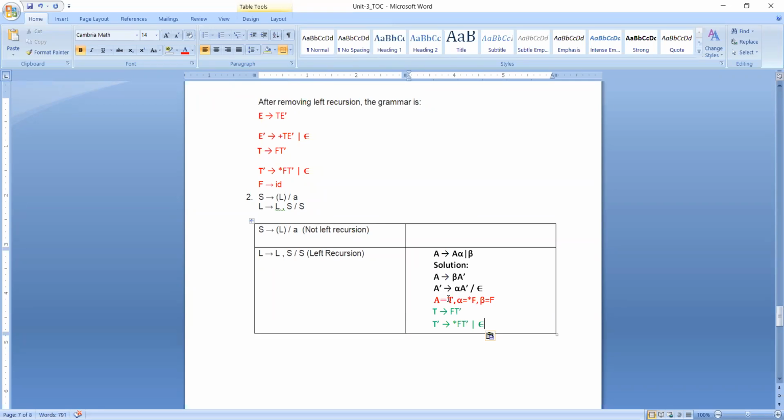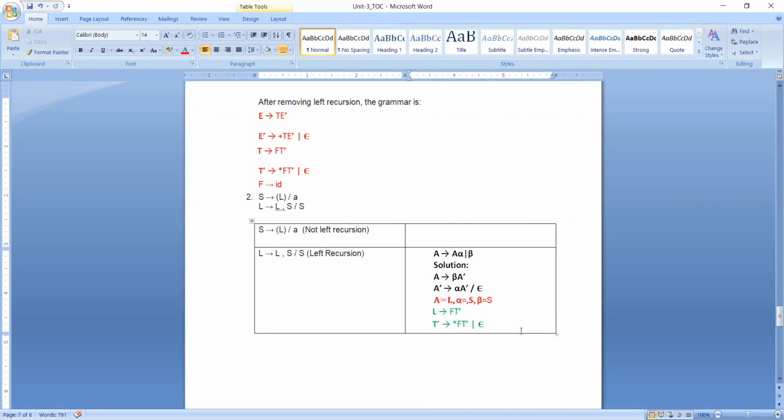And here, what is A now? So this is A, and this is comma capital S is alpha, and this is going to be beta. Okay. So A is capital L, and alpha is comma capital S, and beta is also capital S. Then here we will get A derives to, in the sense capital L derives to beta A dash.